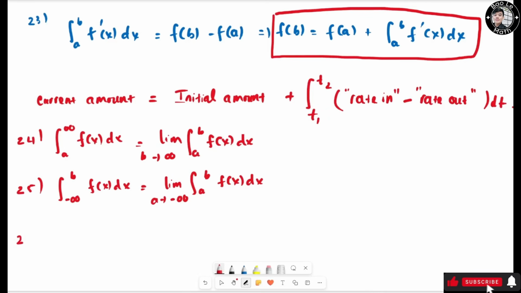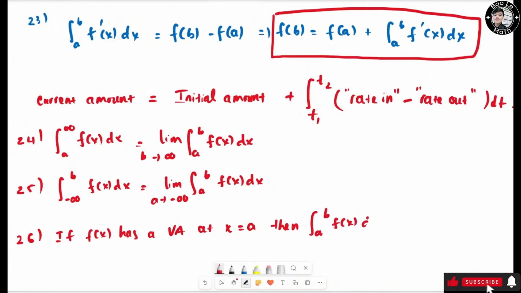Now number 26. If the function has a vertical asymptote at s equals a, then the integral from a to b of f of s ds equals the limit of the integral from s to b of f of s ds when s approaches a plus.